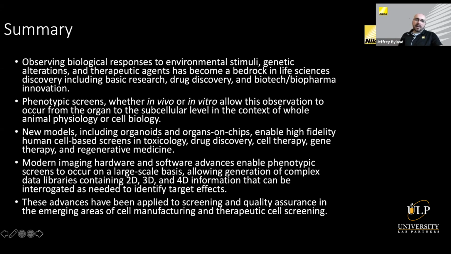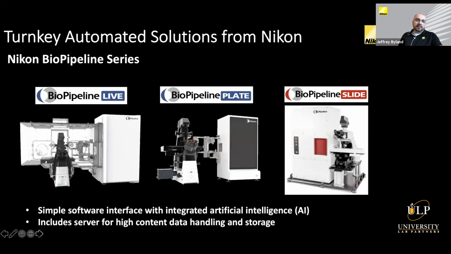And then I finally wanted to share a little bit about, if we move to the next slide, some of the solutions that Nikon provides that enable users to do all of the things that I've shown in this presentation. So we have turnkey automated solutions.